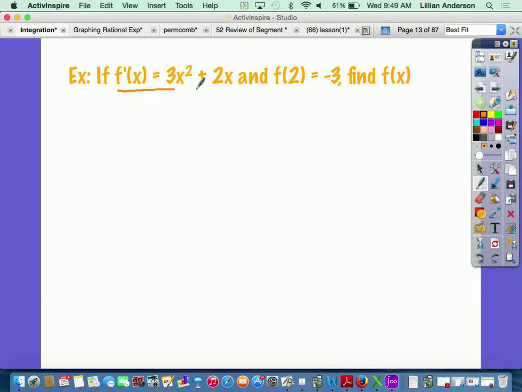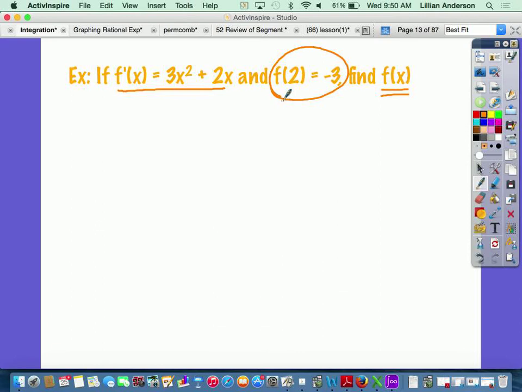It gives us our derivative, and it's asking us to find our original equation. And then on top of that, we have some specific information here, which basically tells us the 2 represents what? X. The negative 3 represents what? Y. Okay, so it's like a point that's on this original function. We're going to use that to help us figure out what the constant is.